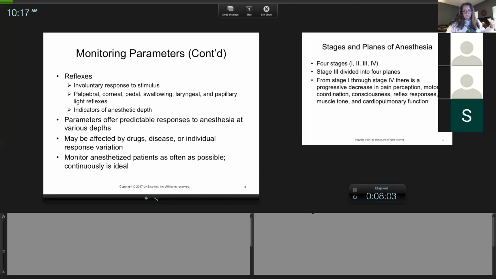Now we have to look at reflexes, because reflexes are a great way to tell me, is my patient light or deep? And I'm pretty psycho about this. I'm always checking them, because there can be subtle changes, but they are going to tell me how deep my animal is. If you've ever watched anesthesia at school, or maybe you're in a clinic, they have a vaporizer, okay?